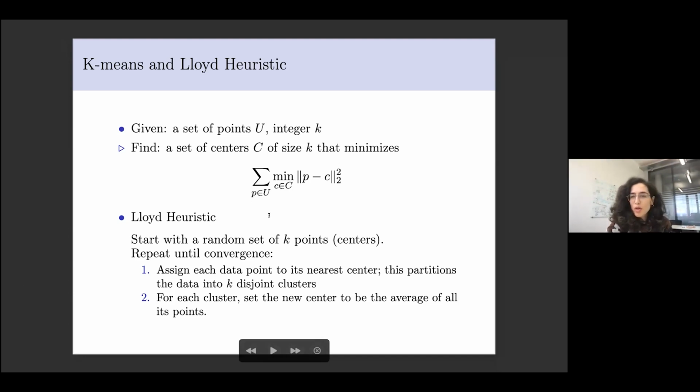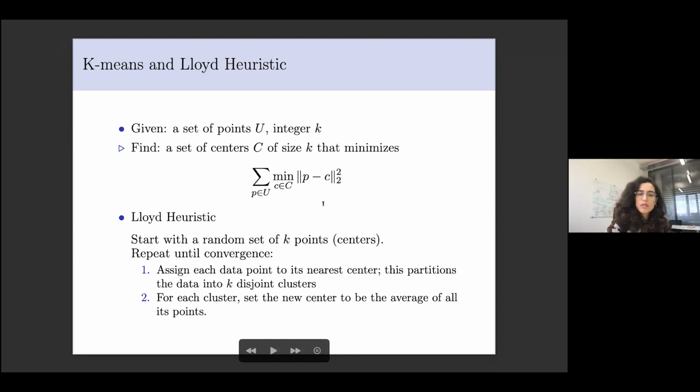The k-means objective is NP-hard to optimize, and in practice, Lloyd heuristic is probably the most widely used algorithm to get a solution for k-means. And Lloyd heuristic is a very simple two-step process, which is the main reason for its popularity. You start with a random set of k points. There are a lot of other techniques also to initialize your k points, but I won't get into that discussion for now.